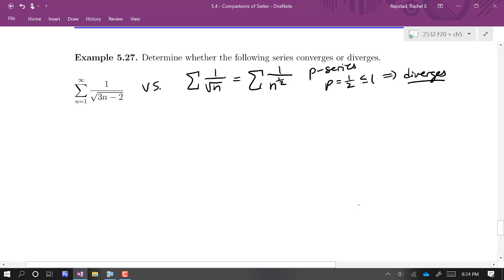So now we're just going to set up a limit. It really doesn't matter which one goes on top and which one goes on the bottom. This time I'm going to put the 1 over root n, and then divide by the terms of the given series. So root 3n minus 2 over 1. That's what I'll multiply by.